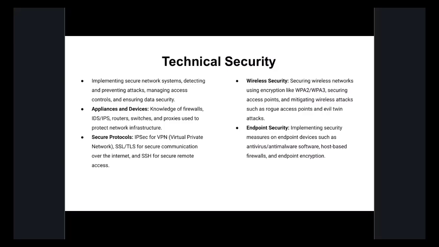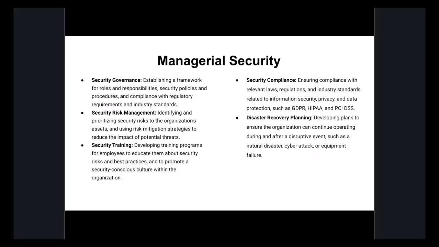Our next security category is managerial. Managerial security is when we are implementing some type of security policy, and that is created and implemented by our managerial or administrative level employees. We can create roles and responsibilities for all of our different users. Implement security training. This is where we can create programs for our employees to educate them about security risks and some best practices.